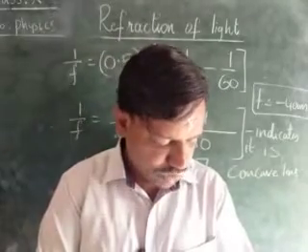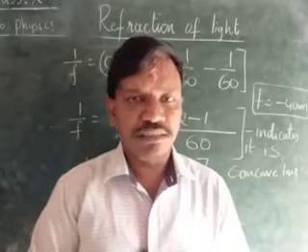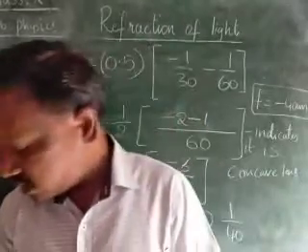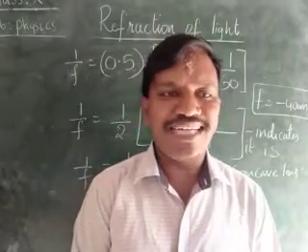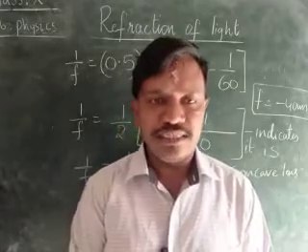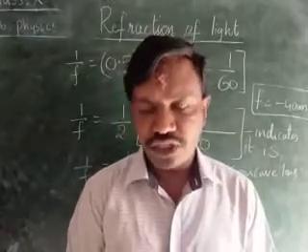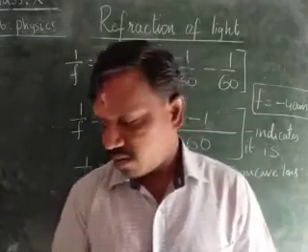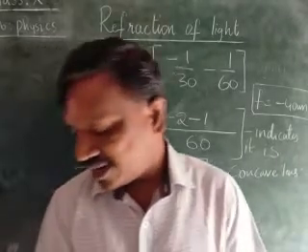Next, here we are learning about the keywords. Here he is asking about the lens. What is a lens? A lens is defined as a transparent optical medium made up of plastic or glass.